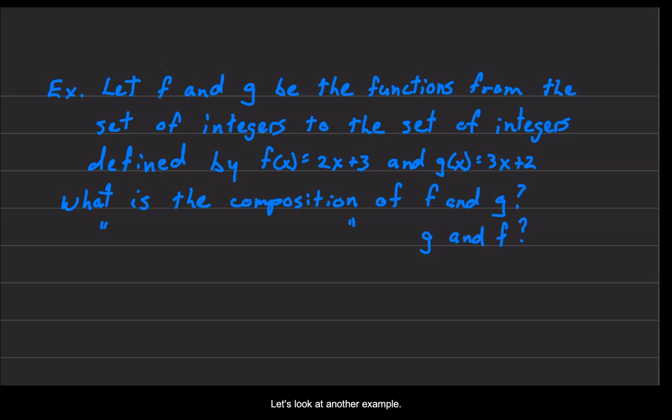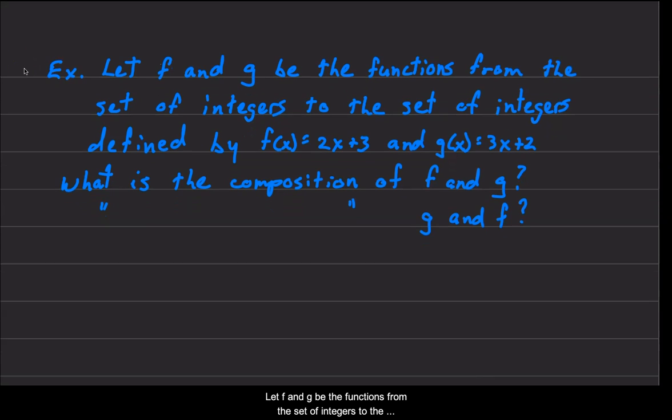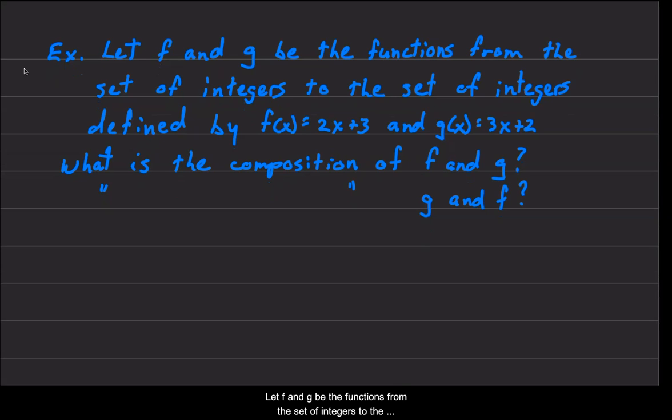Let's look at another example. Let f and g be the functions from the set of integers to the set of integers defined by f of x equals 2x plus 3 and g of x equals 3x plus 2. What is the composition of f and g, and what is the composition of g and f?